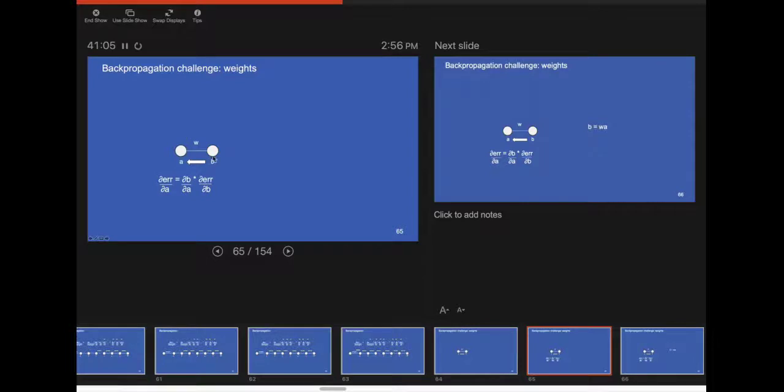The simplest case is that B was just some weighted average of A. If that was the case, then delta B by delta A is nothing but W. So if your output B was just a weight multiplied by the input A, then if you know the rate of change of error with respect to B, the rate of change of error with respect to A would just be the same multiplier. That's what this is saying.